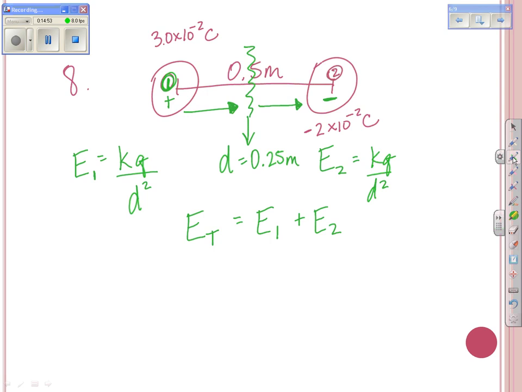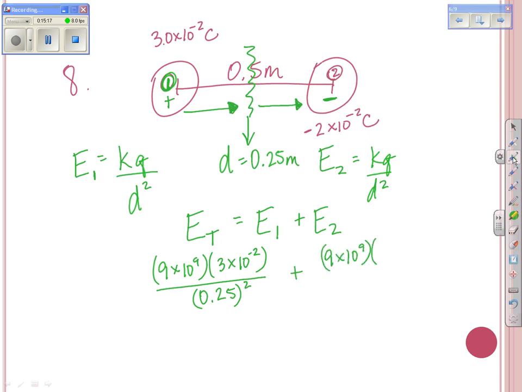All right. So we have to say 9 times 10 to the 9th multiplied by our charge, which is 3 times 10 to the negative 2, over our distance, which is 0.25 squared, plus 9 times 10 to the ninth, and we're going to do 2 times 10 to the negative 2.